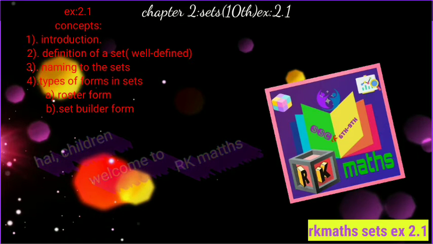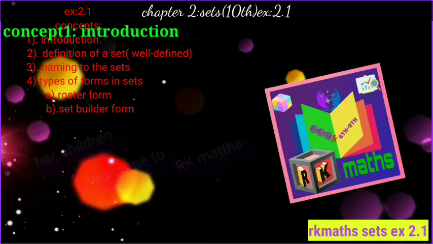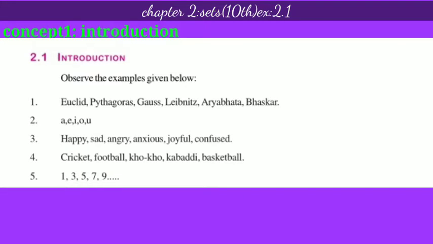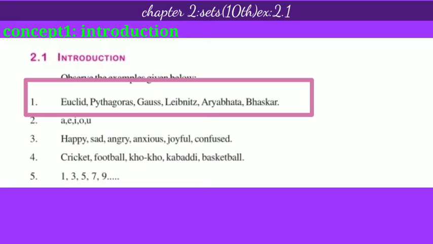Okay, let's go to the introduction. Coming to the introduction, I give you 5 examples here. Look carefully, observe, and tell me the common property in each collection. Example 1 is a collection of some mathematicians: Euclid, Pythagoras, Gauss, Leibniz, Aryabhatta, Bhaskar.